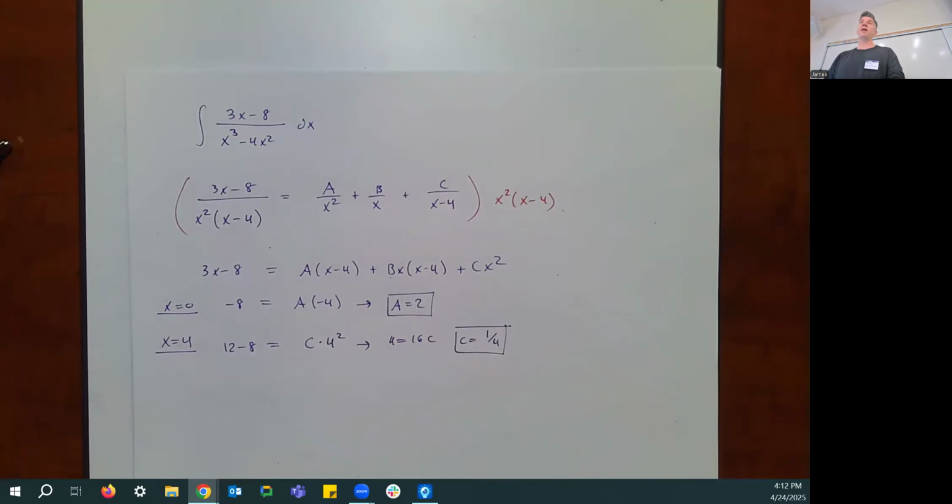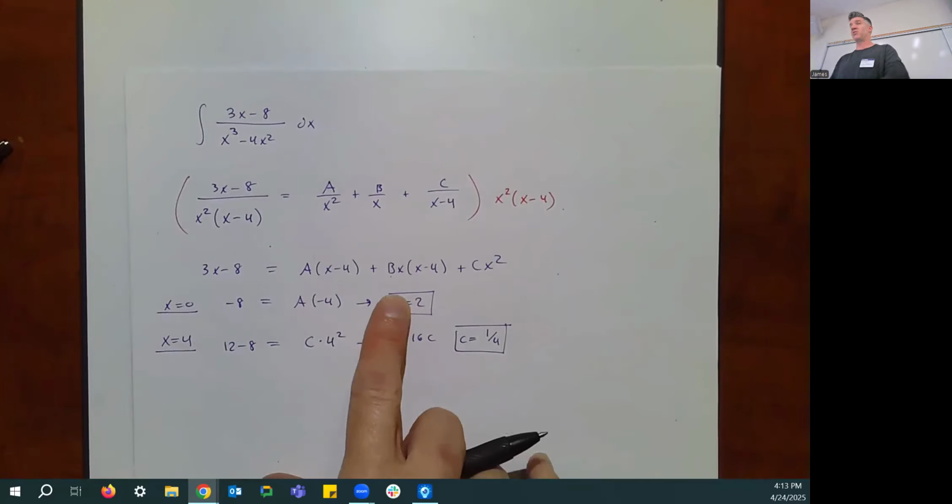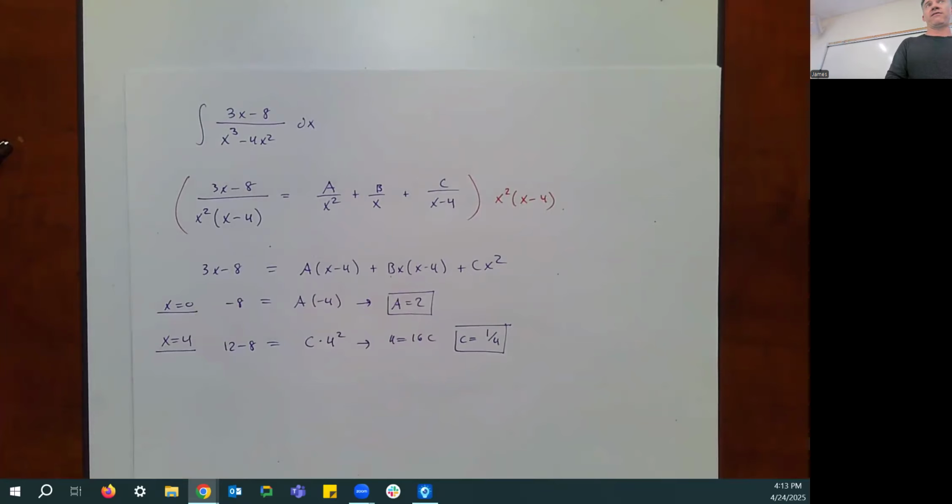But now I have run out of convenient values of x. There's nothing else I can pick for x that's nice, that's going to make lots of things 0. You do have a choice here, which I don't love. You could pick another value of x and plug in your A and your C value and solve for B, since there's only one thing left to find.